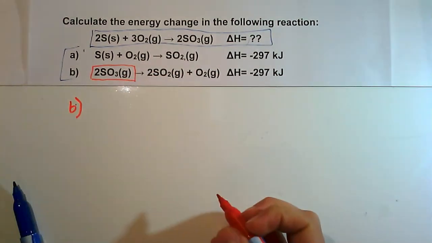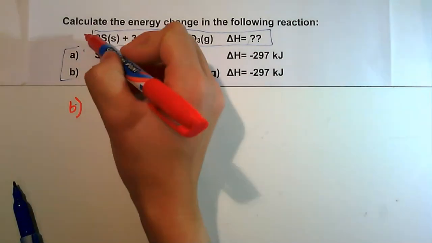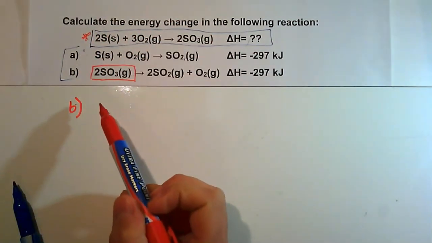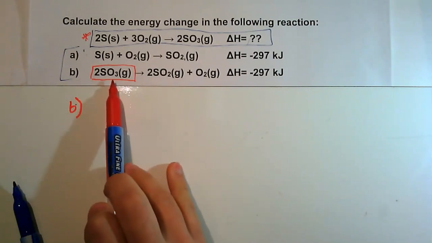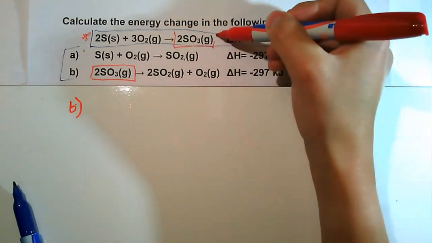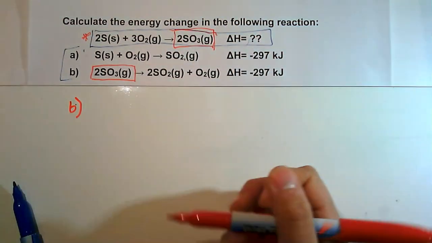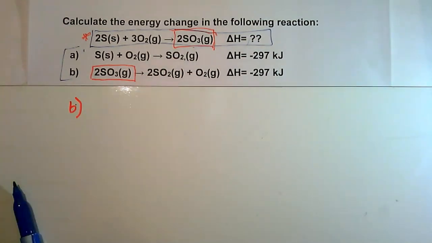So I'm going to put reaction B here, and then I'm going to rearrange it so it looks more like my target equation up here. Reaction B has two SO3s on the reactant side, but in my target reaction, I want those SO3s to be on the product side. I have the correct number, but it's not on the correct side of the equation.